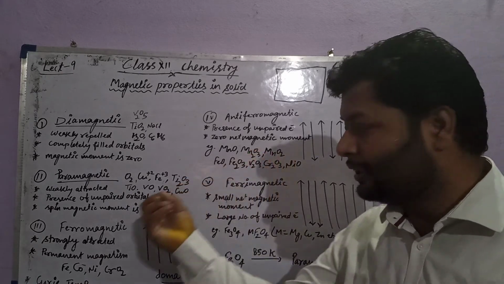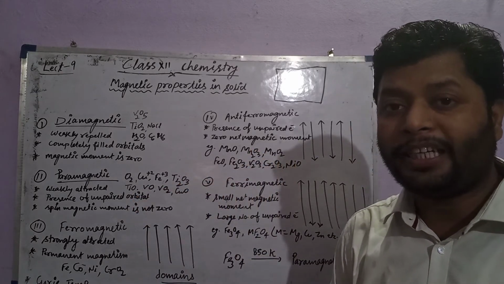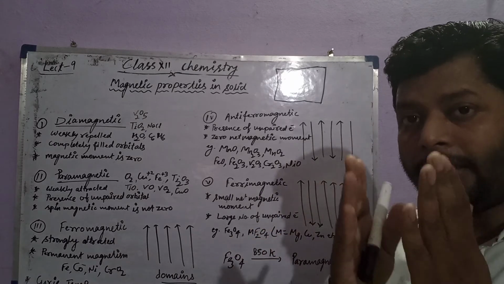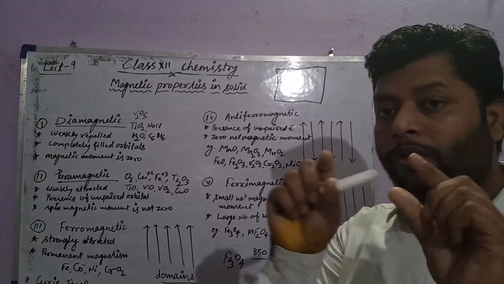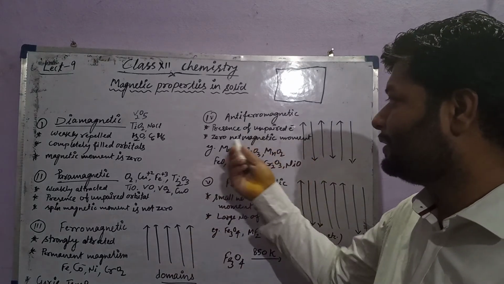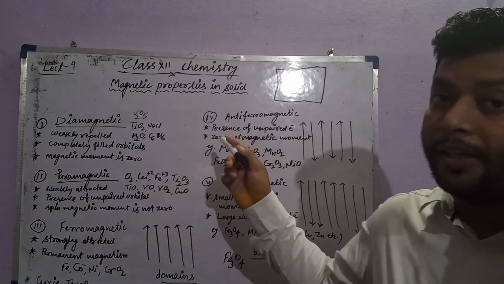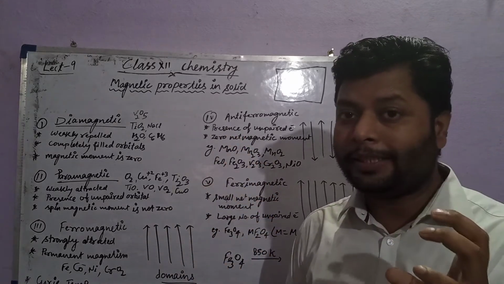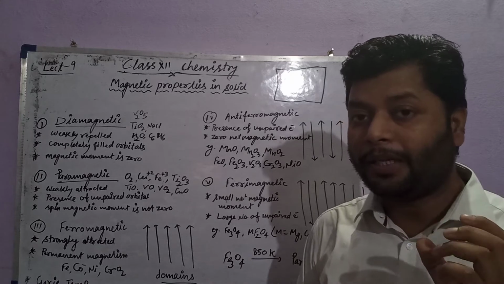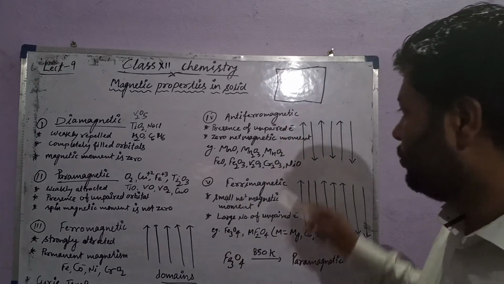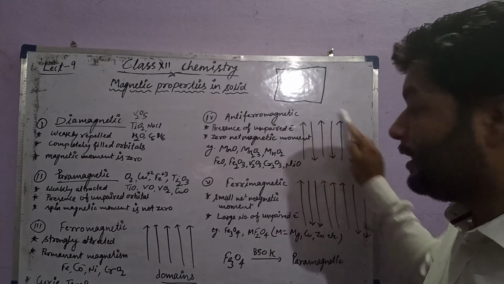In a magnetic field their domains set parallel and antiparallel in equal number, so the net magnetic moment becomes zero.